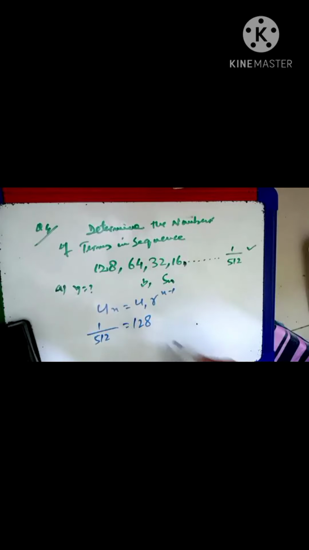But I'm not finding a specific term. I'm finding the number of terms in the sequence, right? Yes, so that will be n. When you find n, that will be the number of terms in this sequence. N denotes the number of terms.